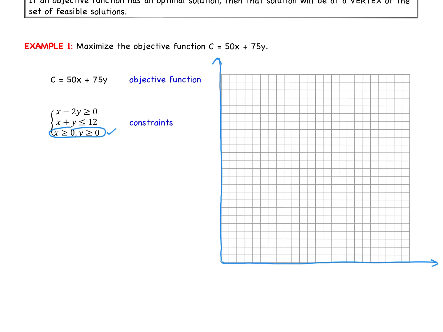Okay, next thing we're going to do is graph this one. That's in standard form. So we're going to find our intercepts, like you did on the test. If you plug in a 0 for x, you get y to be 12. If you plug a 0 in for y, you get x to be 12.